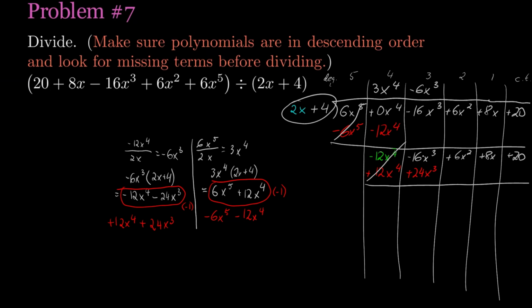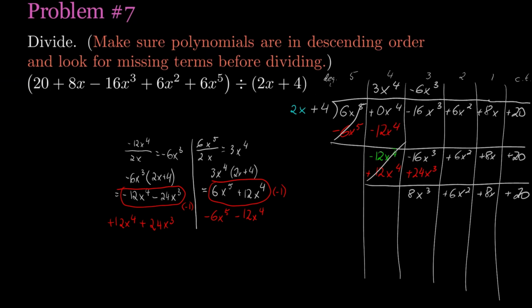The first two terms simplified, and negative 16 plus 24 is positive 8, so we get 8x cubed, and I rewrite everything else not to lose it. Acknowledge that the degree of this result is 3, which is not less than 1, the degree of the divisor.